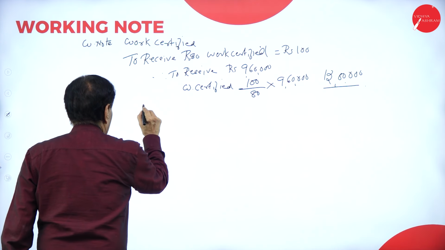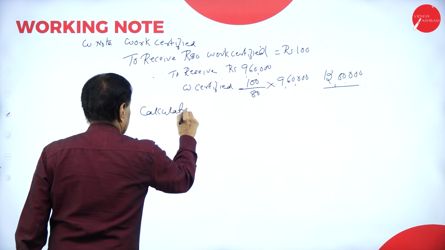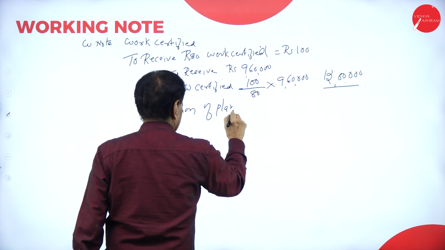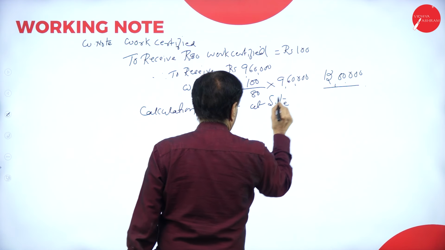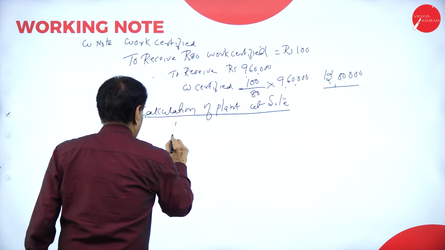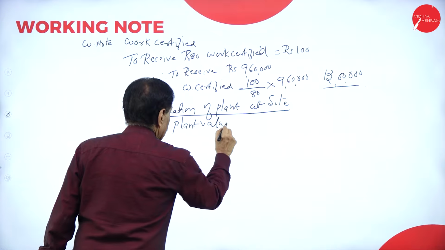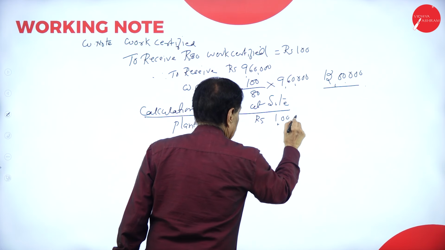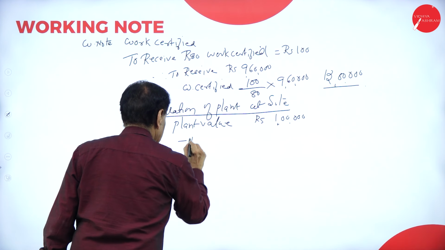Then calculation of plant at site. What's the plant value? 1 lakh. Plant value minus plant lost.